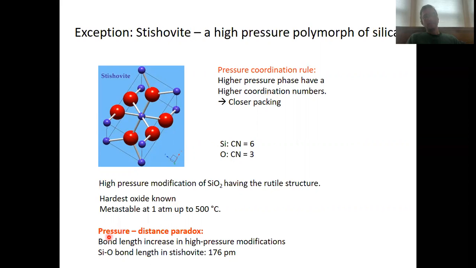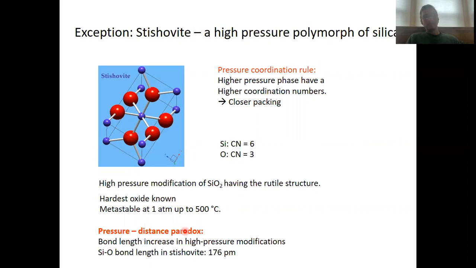Interestingly, in Stishovite, the bond length is increased in comparison to SiO2 polymorphs in which we have SiO4 tetrahedra. So this is known as the pressure distance paradox.